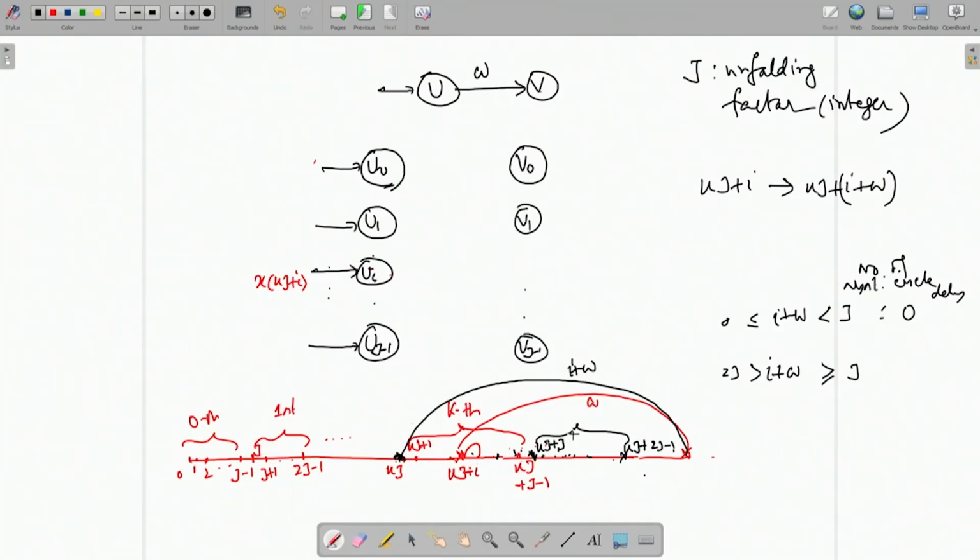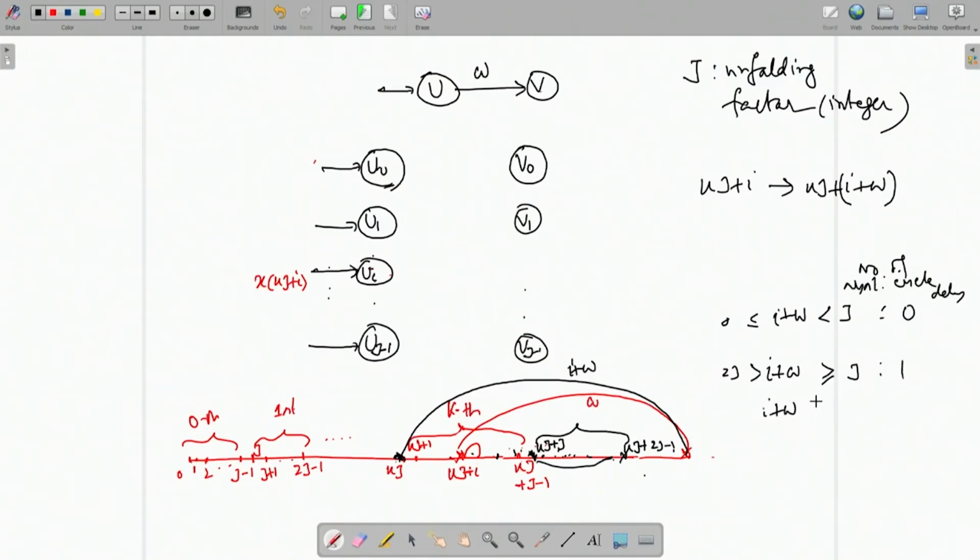So, if I plus W is greater than equal to J, Kj means Kj plus J, because minimum is J. So, either here or J plus 1, J plus 2, that is Kj plus J plus 1, Kj plus J plus 2, dot dot dot. Less than 2J means up to 2J minus 1. So, Kj plus 2J minus 1. Under this condition, if you jump by I plus W, you hit this block. Okay. So, you need one system cycle delay, because from kth this is k plus 1th.